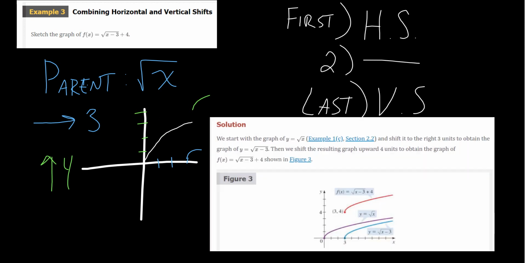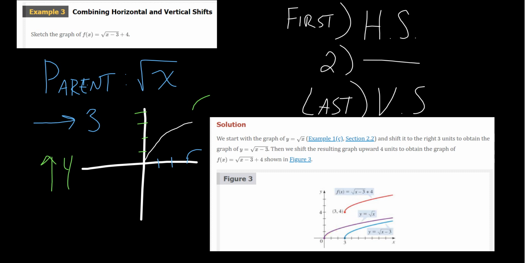Their graph is obviously a lot more precise than mine, and what I should have done was focus in on just the first quadrant. But there it is. We take this graph and we shift it to the right 3 units, and then we shift it up 4 units, and this red line is the graph of the square root of x minus 3 plus 4.